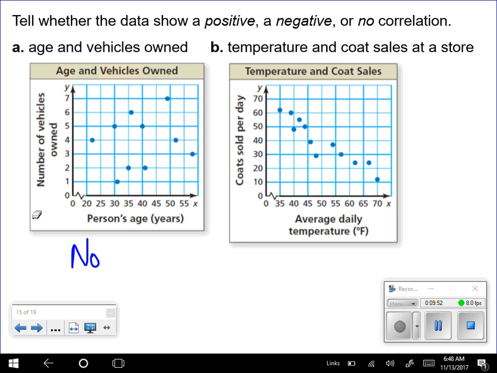But if I look at the next one, the temperature and coat sales at a store, as the temperature goes up, the number of coats sold goes down. And with this, I can draw a line that almost goes through a lot of points there. Okay, and I could pick out an ordered pair from that line.